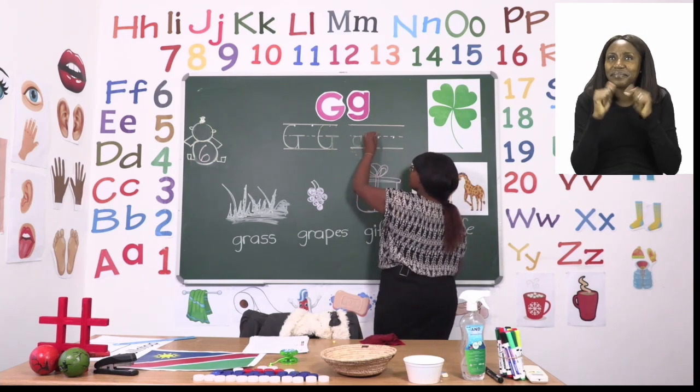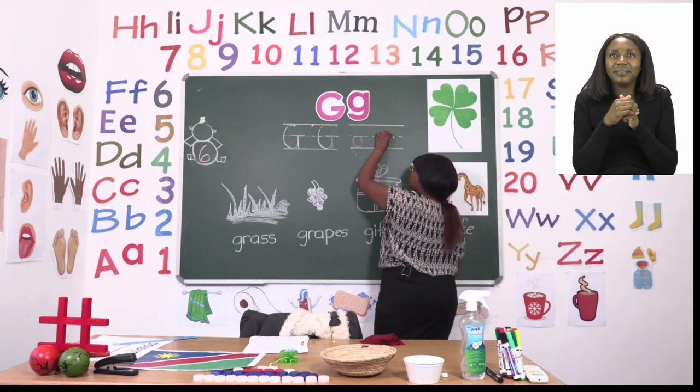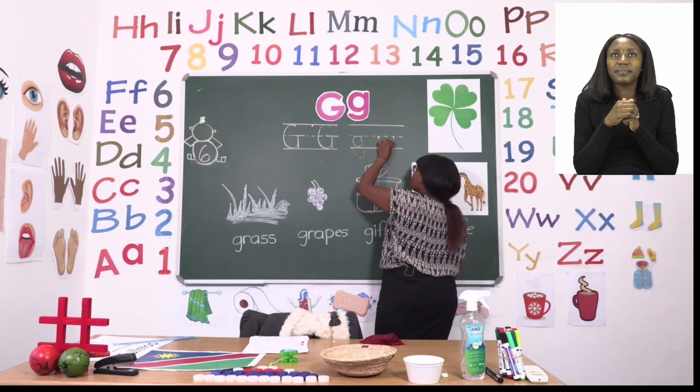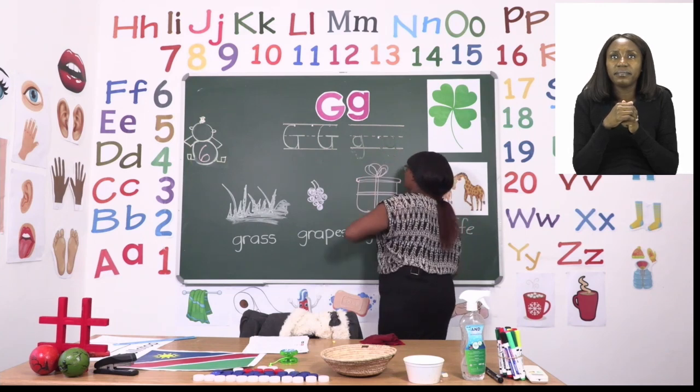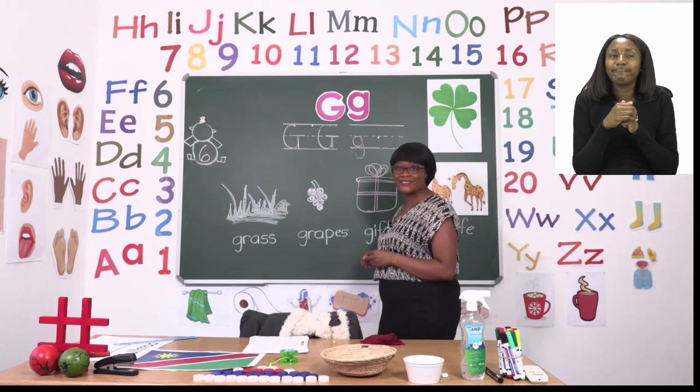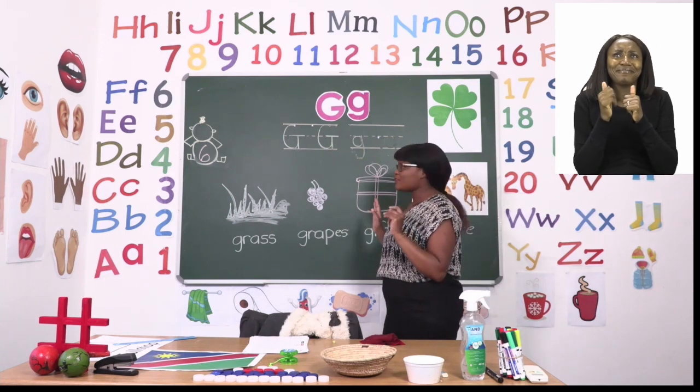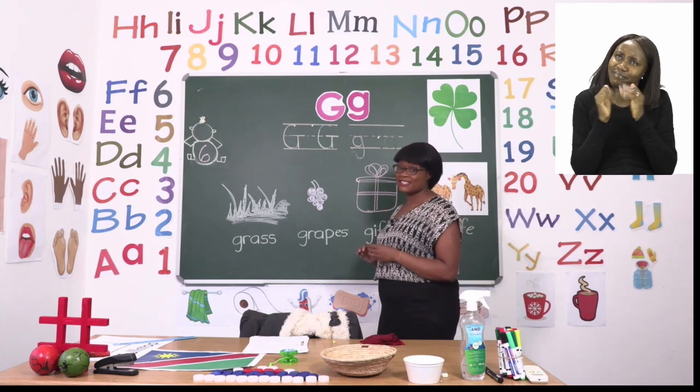Let's try again. We're going to go round from the dotted line, going round up to the dotted line again, and then back down to the bottom line, cutting through it, and there are the feet. Well done, everyone. So I want you to continue practicing your tracing.